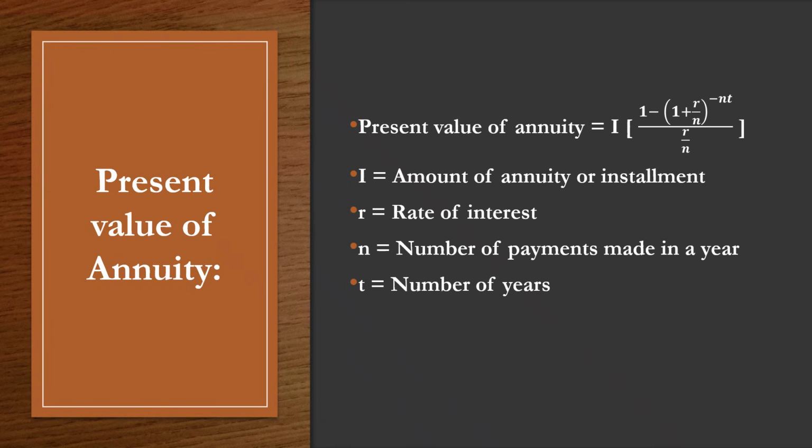Remember, minus NT, divided by R divided by N. Here I is the amount of annuity or installment that we are going to receive, R is the rate of interest, N is the number of payments made in a year, and T is the number of years. So keeping this formula in mind, we will start solving different types of examples so that it is very clear to all of you.